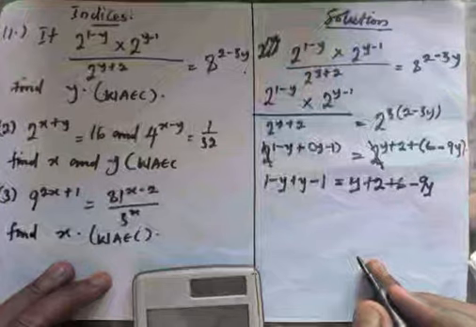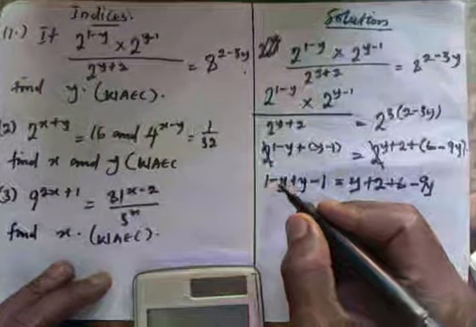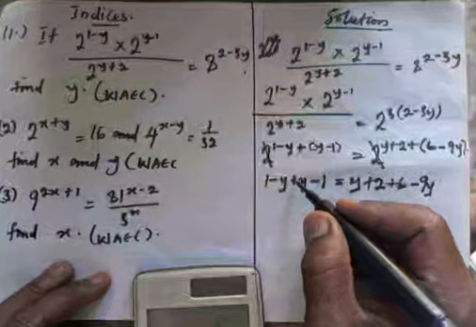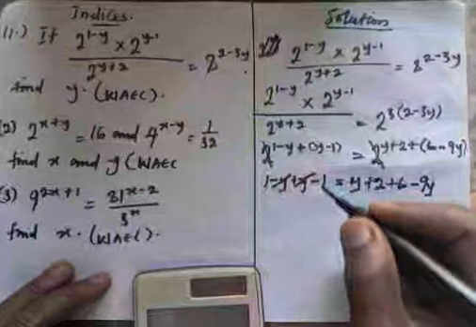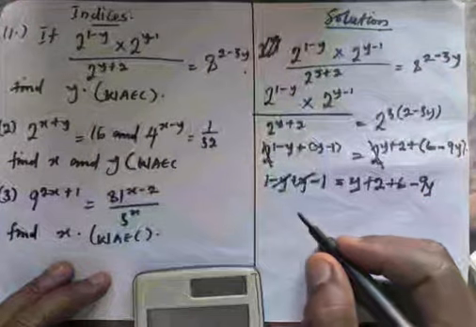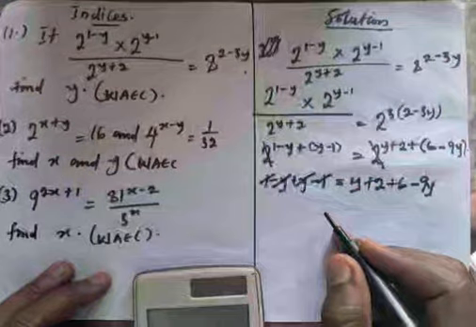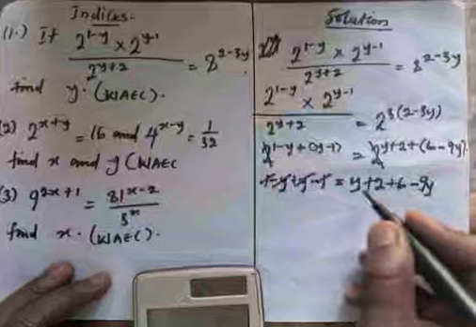So the next thing here is we'll collect like terms. Now here we have 1 minus y plus y minus 1. So minus y plus y cancels each other, and also 1 minus 1 cancels each other. So what do we do here? We collect like terms. This one will now come to this side.